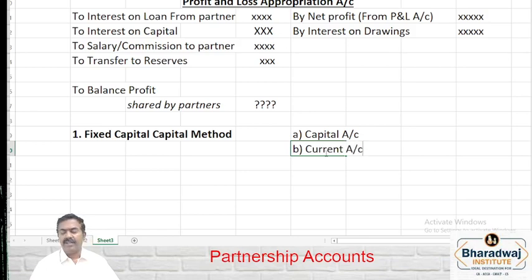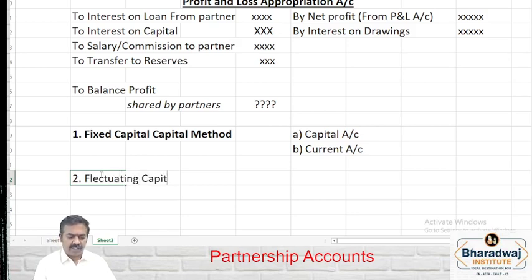It is not a bank account. Permanent capital is kept in the capital account. Interest on loan, interest on capital, salary, profit share, interest on drawings, etc. will be recorded in the current account. That is the fixed capital method.